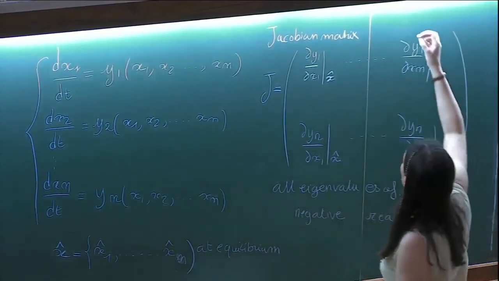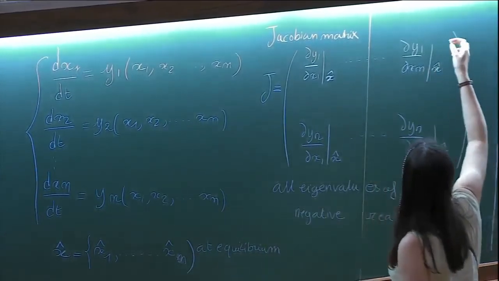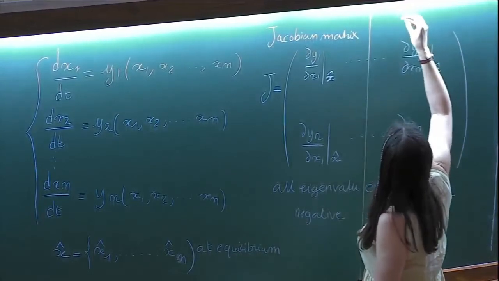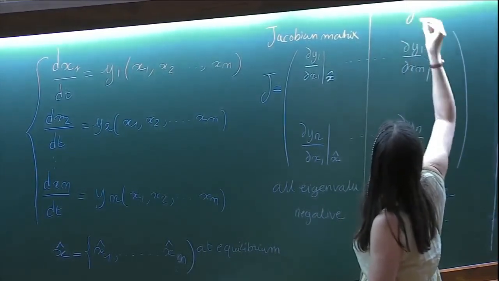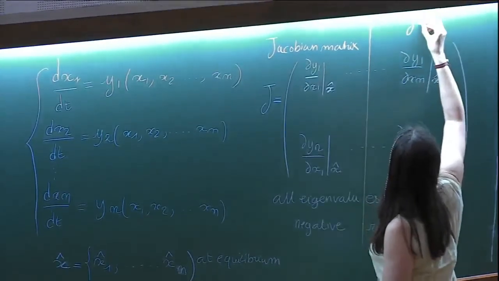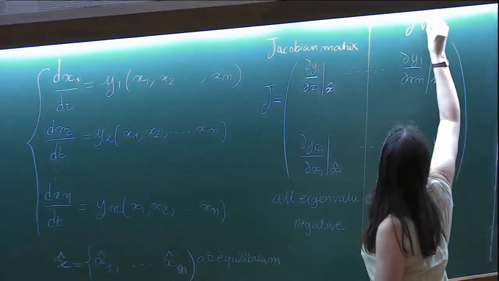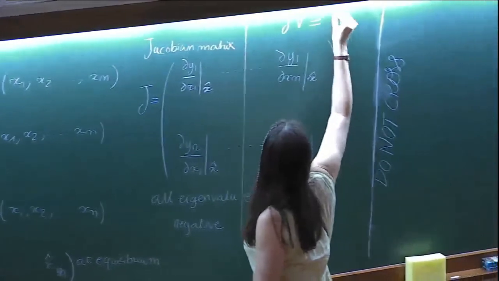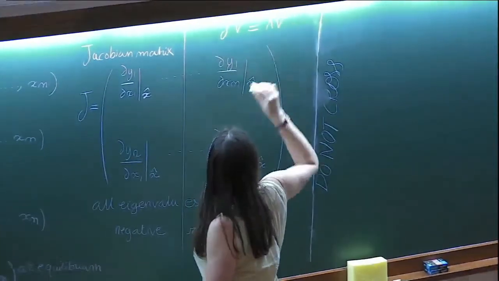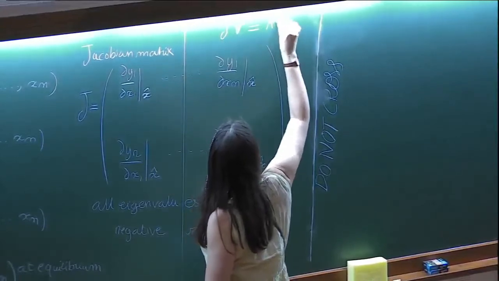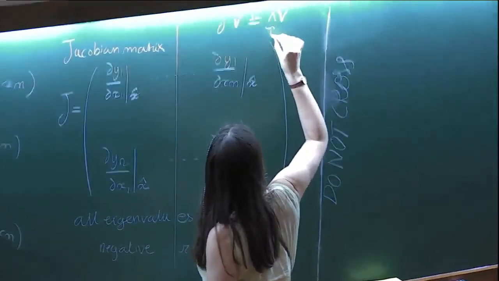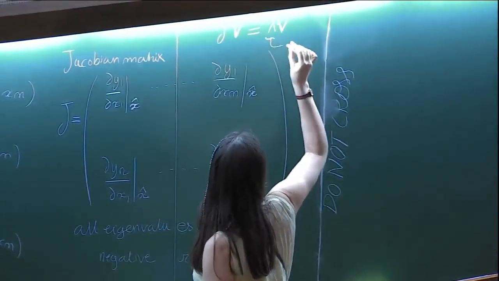So just to remind you, maybe something you've seen in your math course a long time ago. If you have a matrix J like this, and you multiply by some eigenvector, and you get this kind of property. So this is a vector, and this is a scalar. Oh, not necessarily.